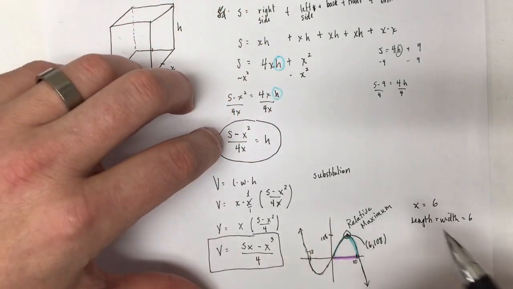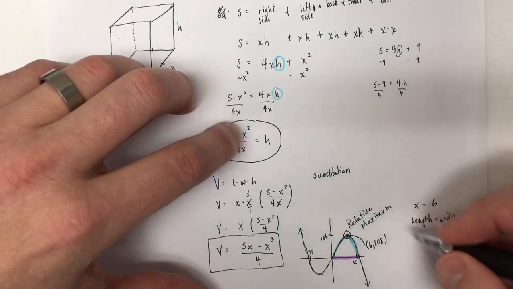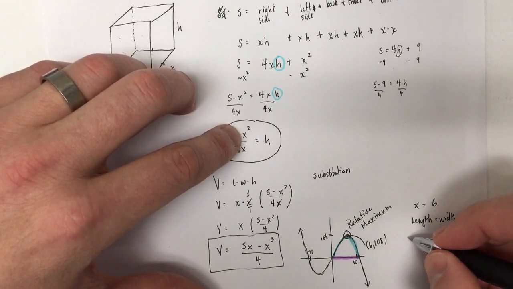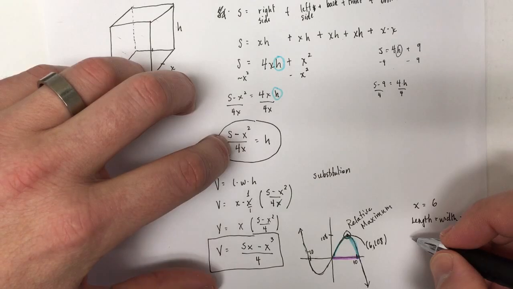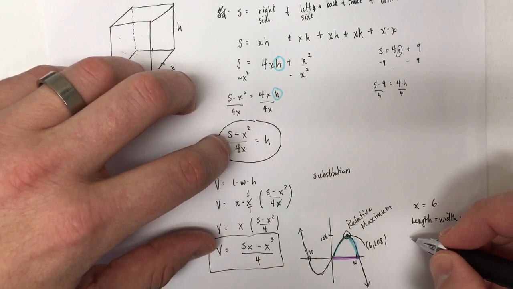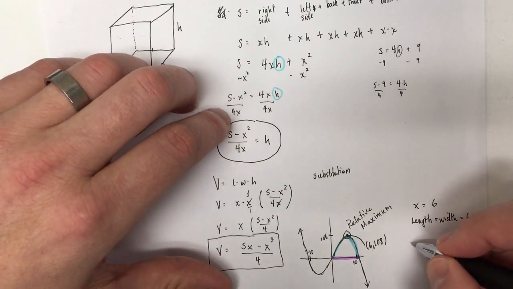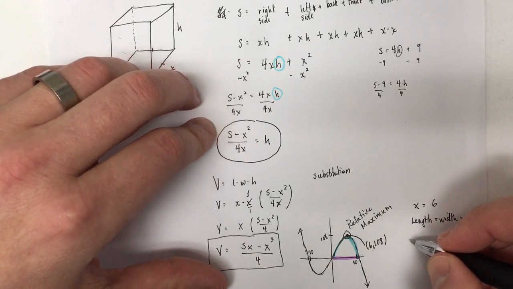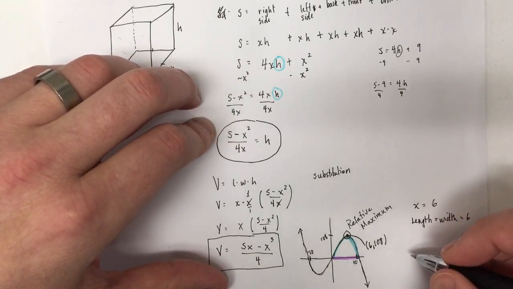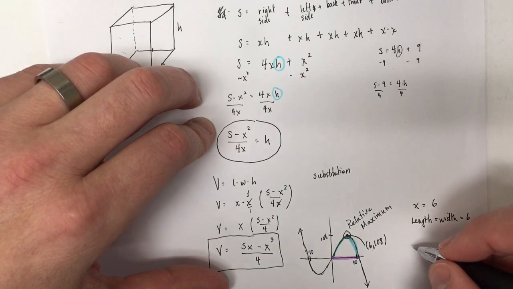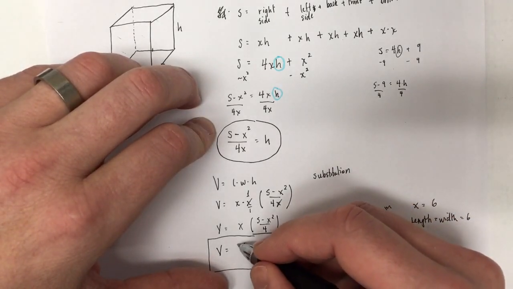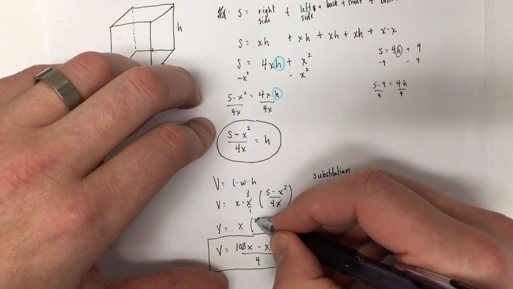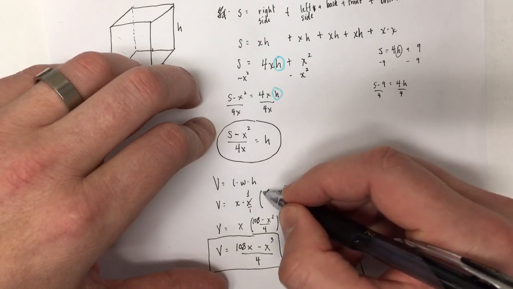So you have to come back to this equation and substitute it in. So the maximum volume height is based on the surface area, which is 108. So really all these could have been turned into 108s with substitution.